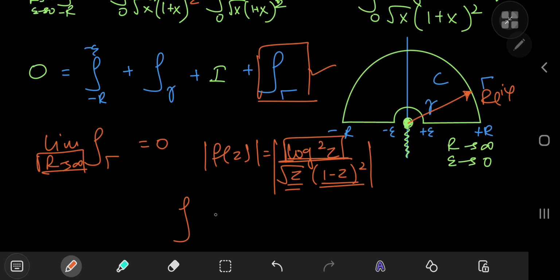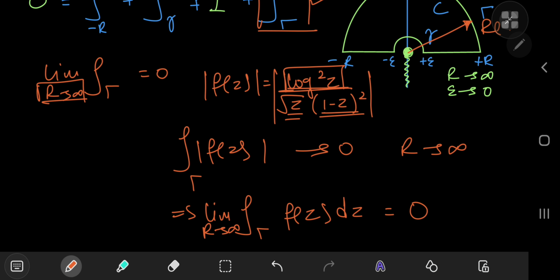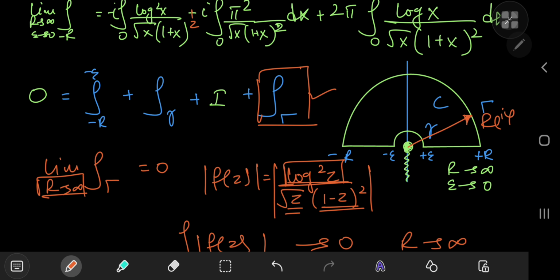So that means the integral of the modulus of f of z approaches 0 as r approaches infinity, which implies that the integral of f of z over the contour gamma in the limit as r approaches 0 is 0. Okay, cool. That means we can just cross this out.